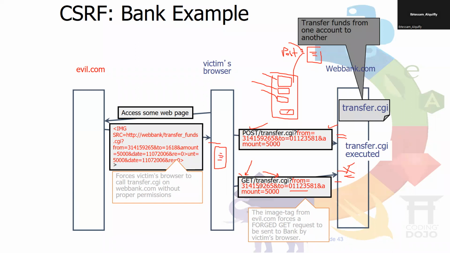And by the way, if this image is very small, you cannot see it, and you will not even see what's happening in the background. So this is another thing that attackers are really good at: hiding this image somewhere in the page, because they don't want you to see that an image failed to load. So this is another thing that you really need to be aware of.